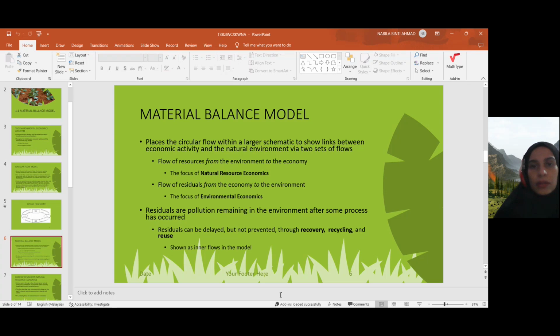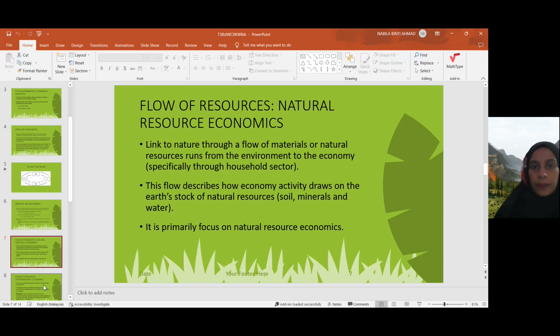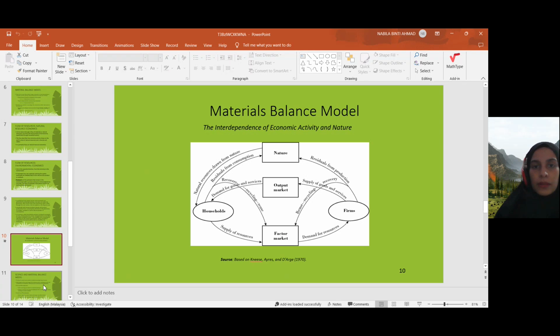When economic activities are carried out, there will be residuals, or what we know as pollution. Residuals can be delayed or prevented through recycling, recovery, and reuse.